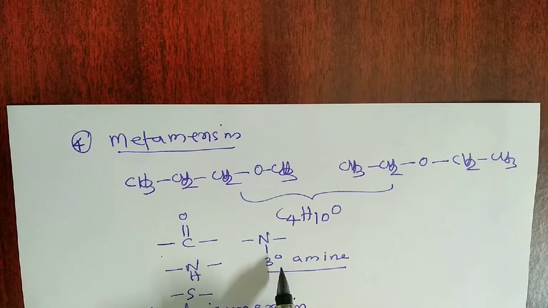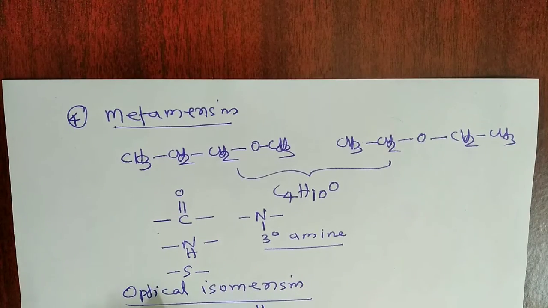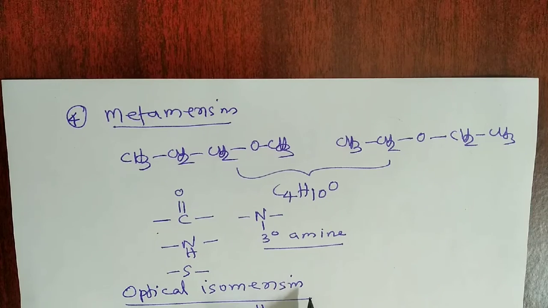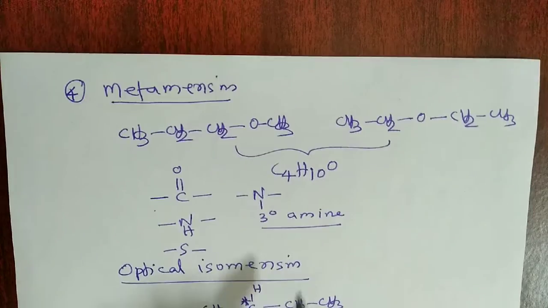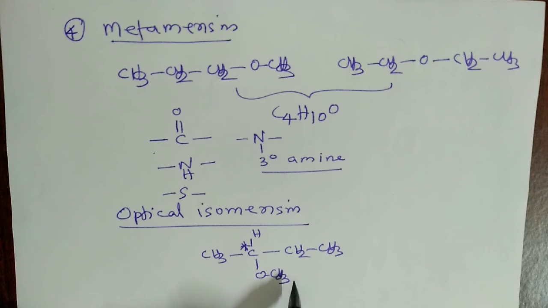In addition to this structural isomerism, ethers having an asymmetric carbon atom can also show optical isomerism. The minimum number of carbon atoms required is 5. Example, 2-methoxybutane or secondary butyl methyl ether.